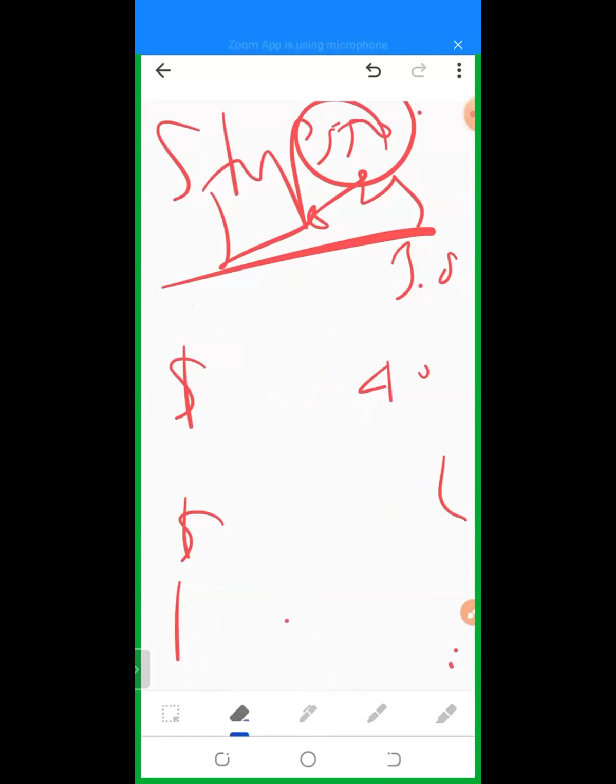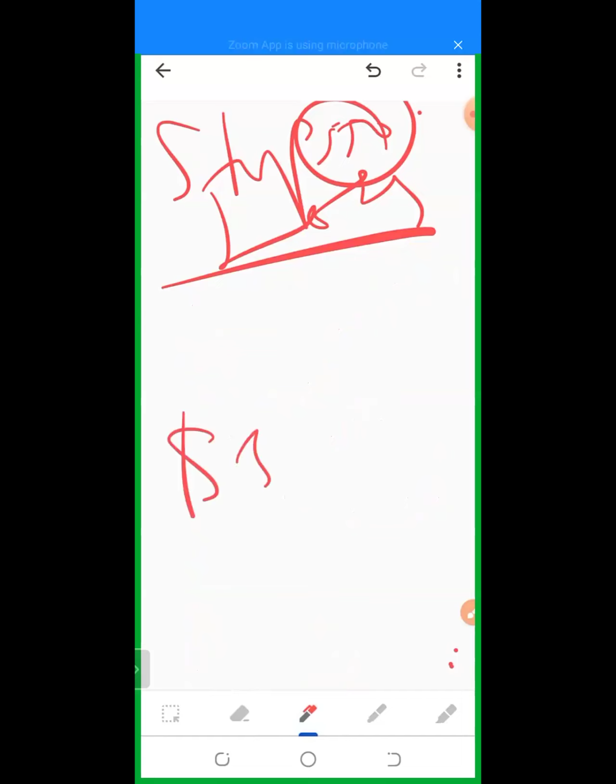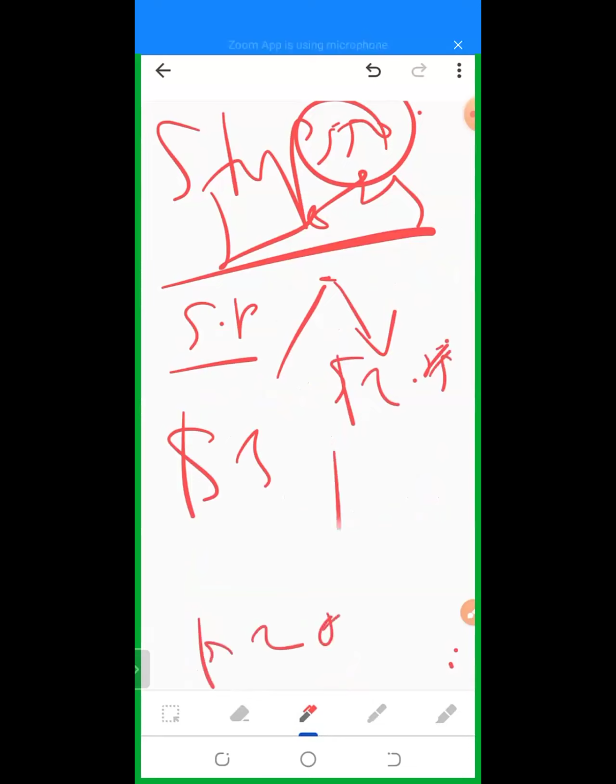If it is a short position, you enter at $3. You take a short position, that means you enter a coin from the top, and you want it to go down to, let's say, $2.5, and you want to take a profit of 5%.